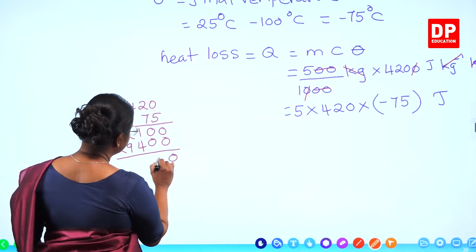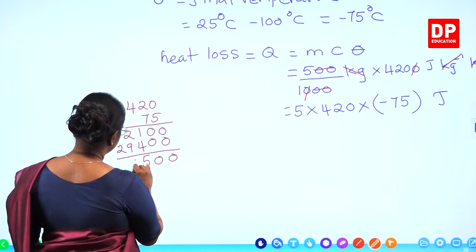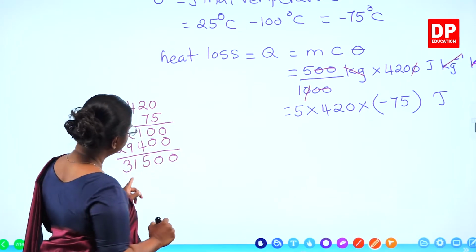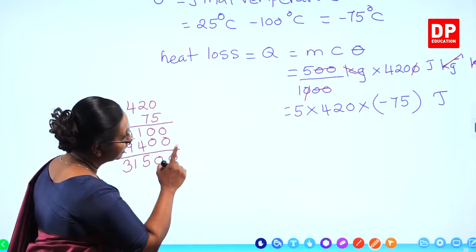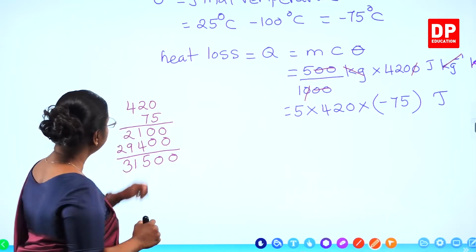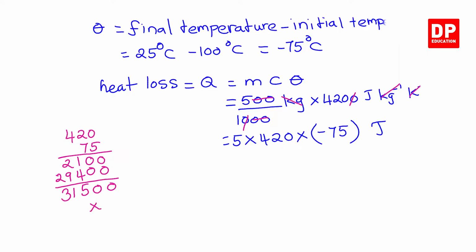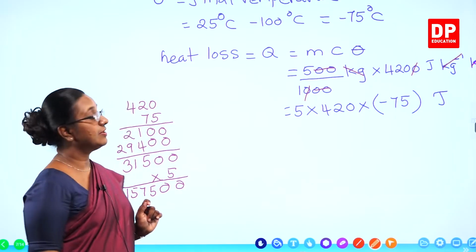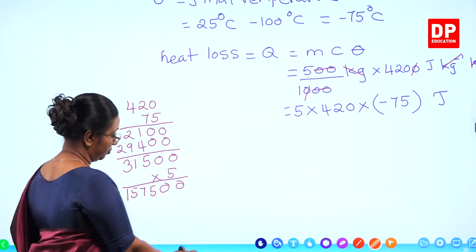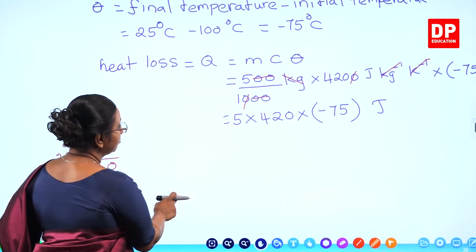So when we add those values together, we get it as 31,500. But then we have to multiply this by 5. So then again multiply by 5, 0, 0, 25, 25. So there has to be a 2, 5, 7 and 15. So 157,500 joules. That is the value there.